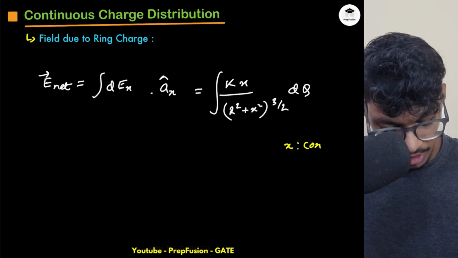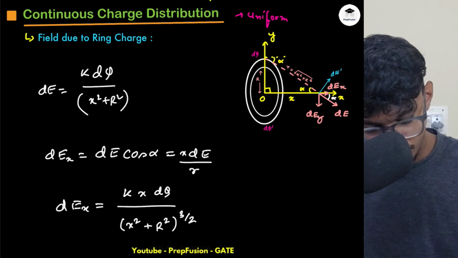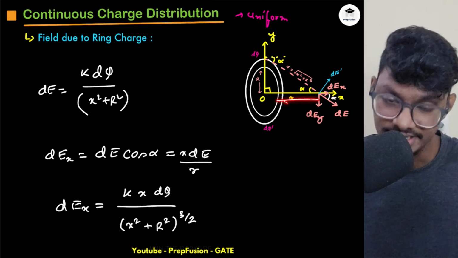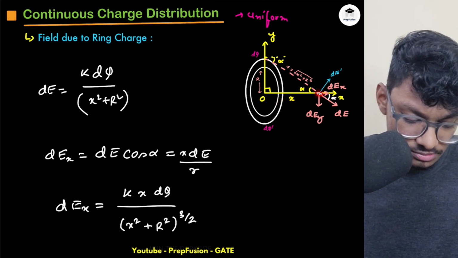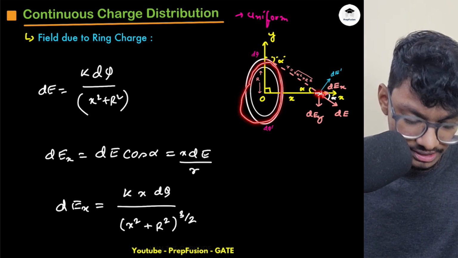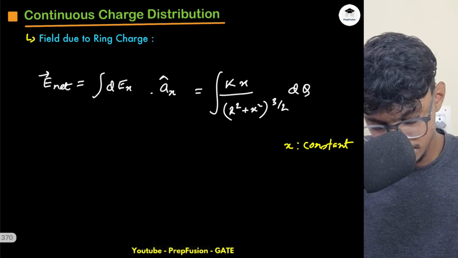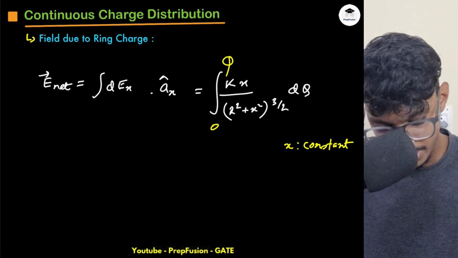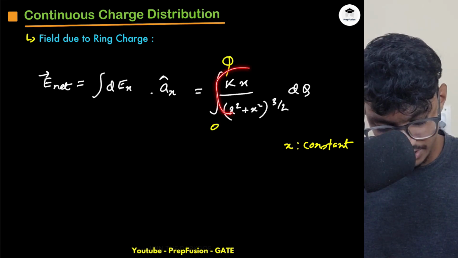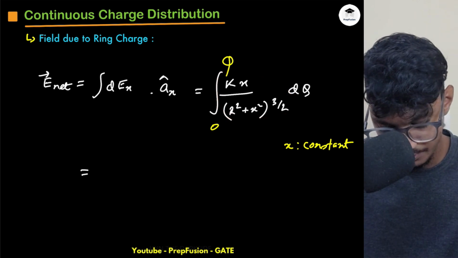How is x constant? Here x is constant, because this point is fixed. What is varying? The angle is varying. I am covering the whole charge, from dq to total charge, so charge from 0 to Q. So all of this is constant simply. So overall the expression becomes very, very simple.